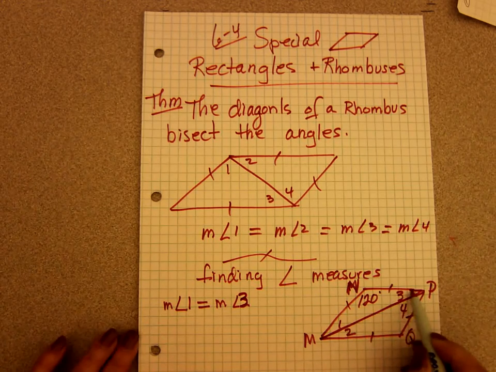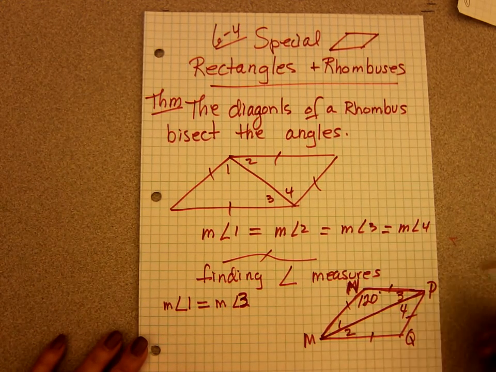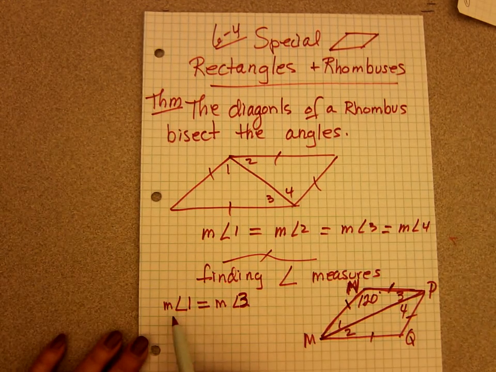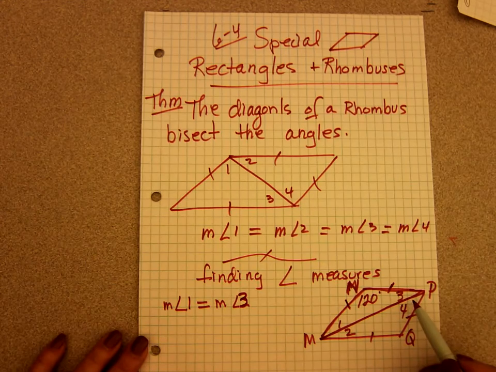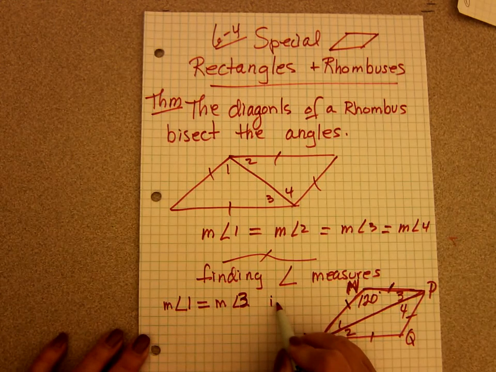So what shape is this? It's a triangle. What specific kind of triangle is it? Right, isosceles. So I can say that the measure of angle 1 and the measure of angle 3 are congruent because they are the base angles of an isosceles triangle.